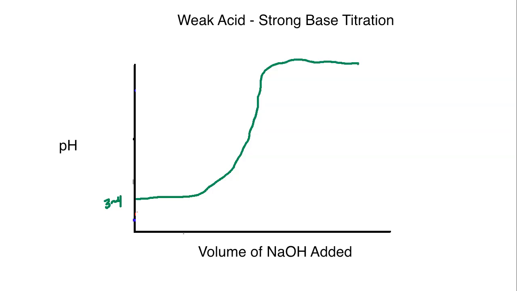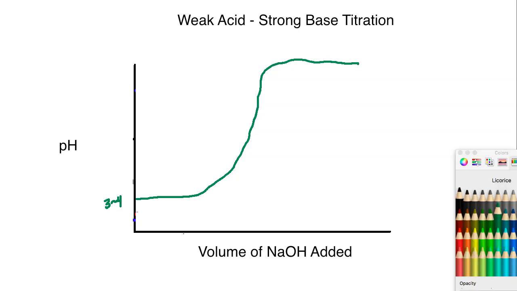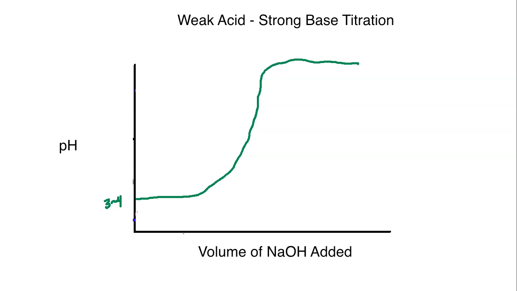As you move towards your equivalence point, a couple of things to note here. The equivalence point right here, this time, I expect to be at a pH above 7. This is because we're using a weak acid and a strong base.